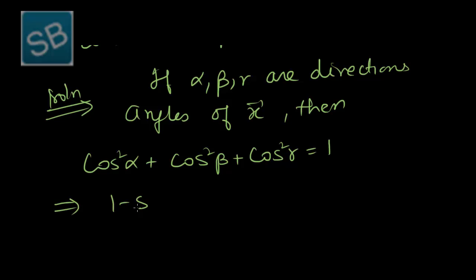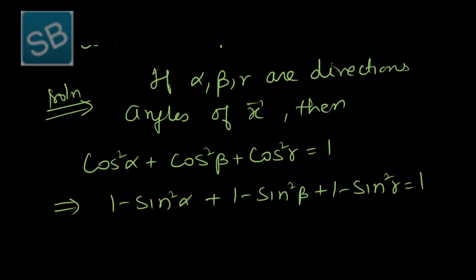Cos square alpha is 1 minus sin square alpha. Cos square beta is 1 minus sin square beta. Cos square gamma is 1 minus sin square gamma, and the sum is equal to 1.